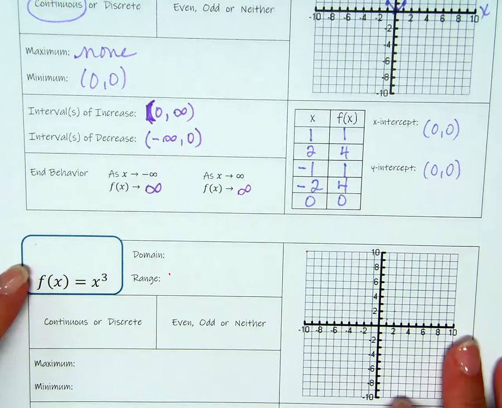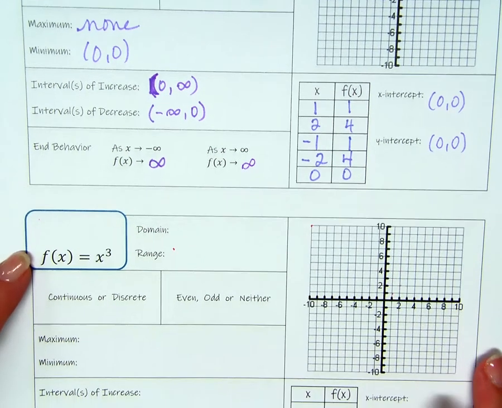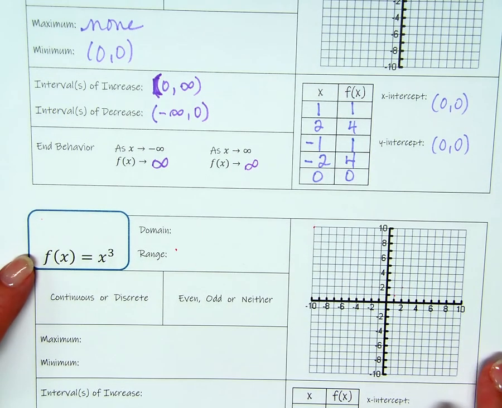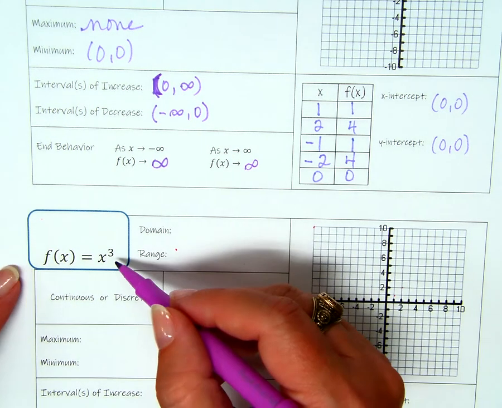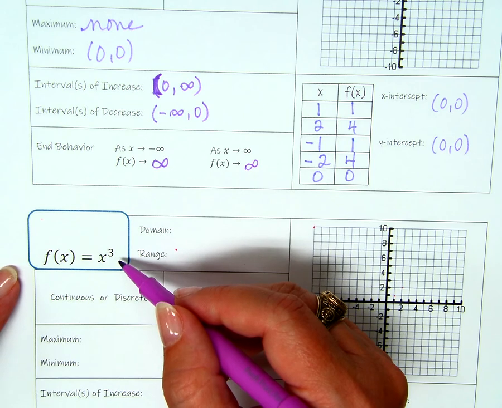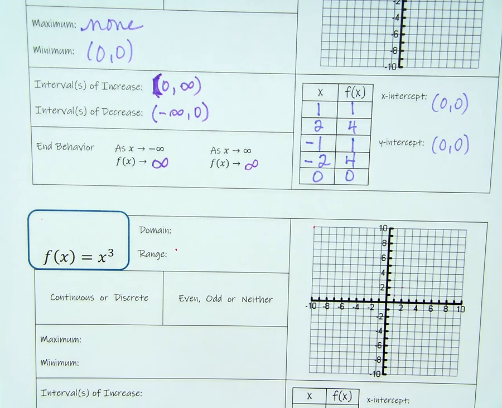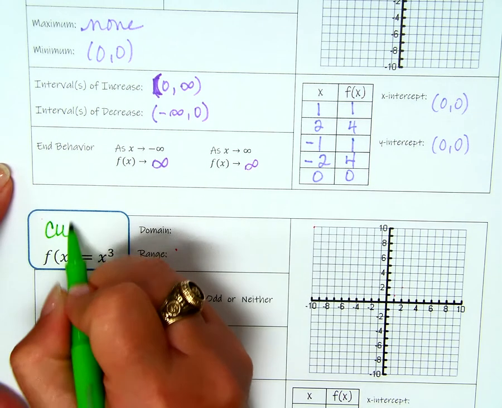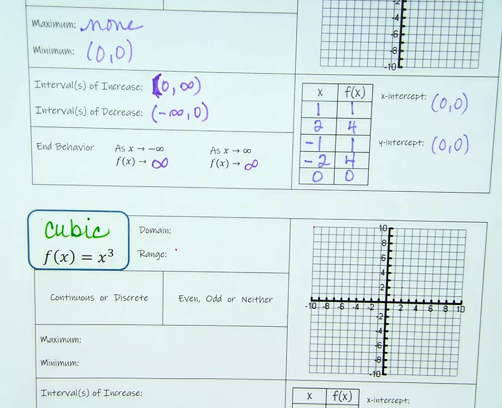What's this called? You know it's x cubed, and that actually tells you the name. It's a cubic because it's x cubed. Okay?